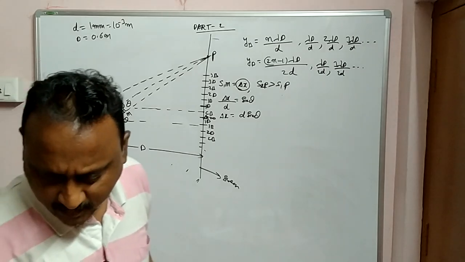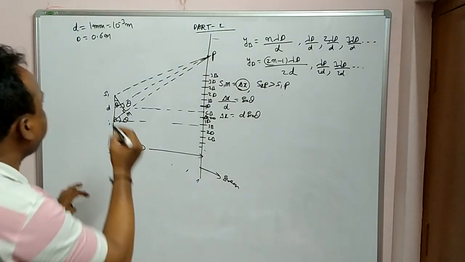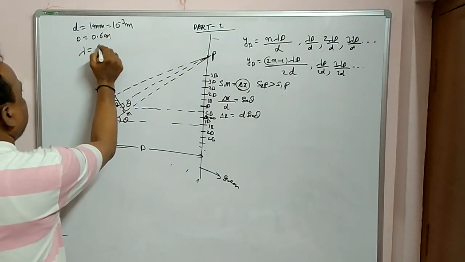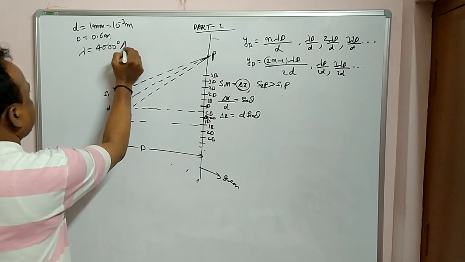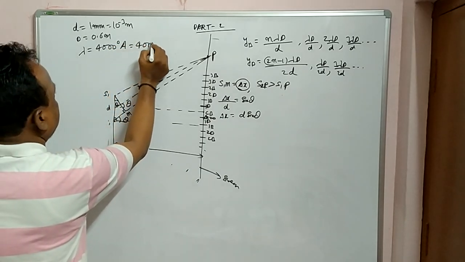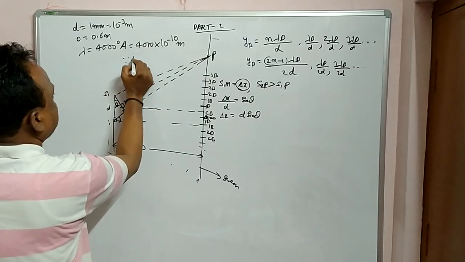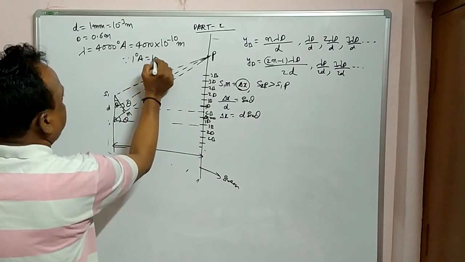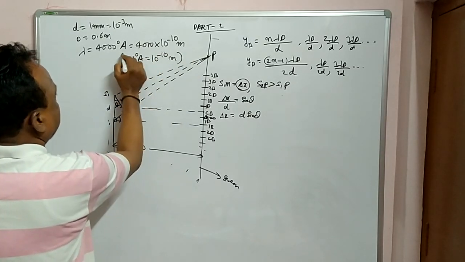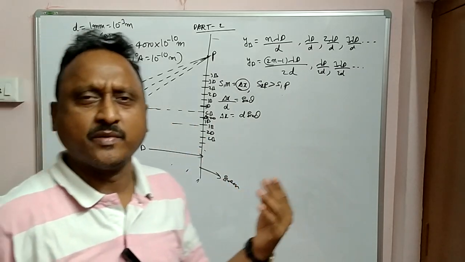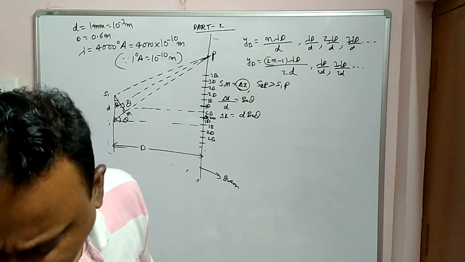Lambda, the wavelength, is given as 4000 angstroms, that is equal to 4000 into 10 power minus 10 meters, since 1 angstrom is equal to 10 power minus 10 meters, or 10 power minus 8 centimeters. All are converted into MKS.